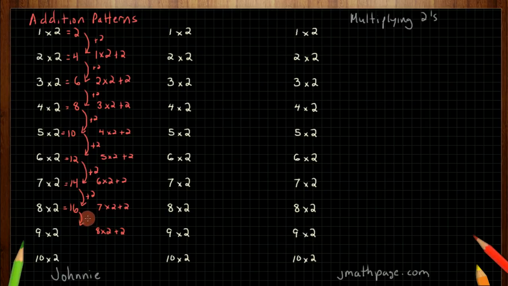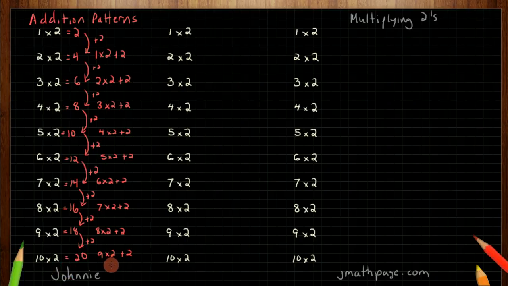So let's go ahead and add 2 more. 9 times 2 is the same as 16 plus 2, 18 altogether. And lastly, 10 times 2. 10 times 2 is 9 times 2, and 2 more. So we'll add our 2 more, and we know that 10 times 2 is 18 plus 2 gives us 20.